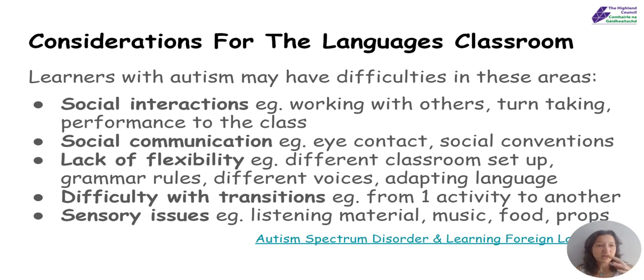There'll be differences within each of those, and not all children will have difficulties with those different areas, but it's worth bearing that in mind. So I've tried to look at those areas and think about how they might affect them in the languages classroom.